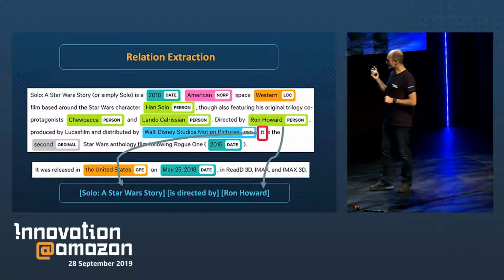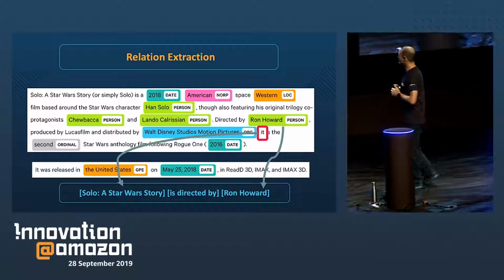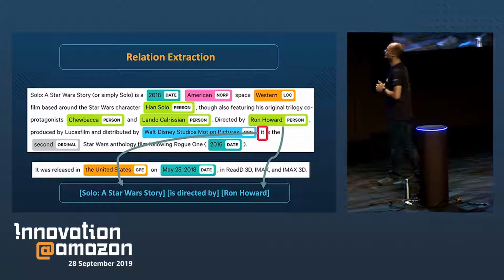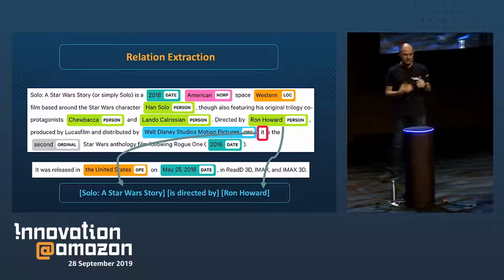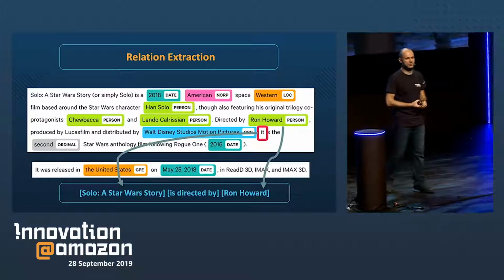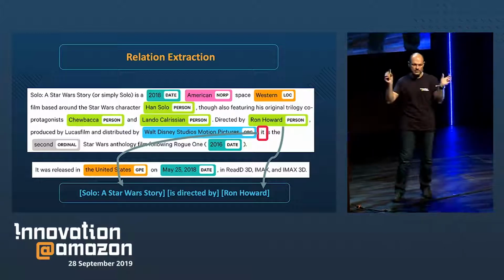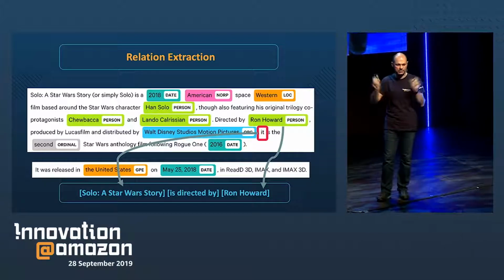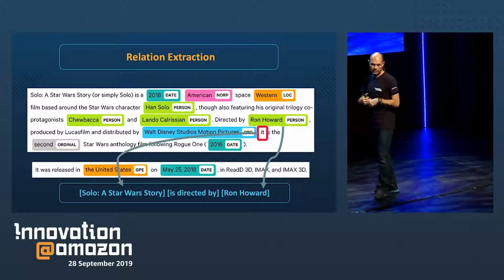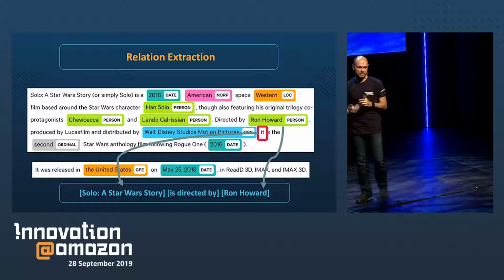Once you are able to do this, you may want to go to another technique, which is called relation extraction. Now that you know what the entities in this text are, what the things are that we are talking about, you may want to discover what relationships are talked about in the text.